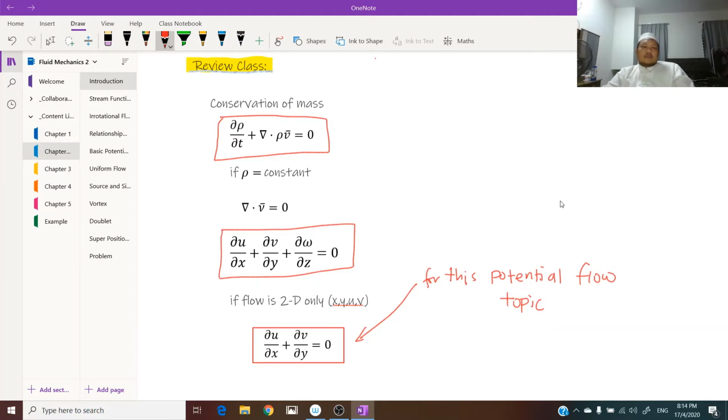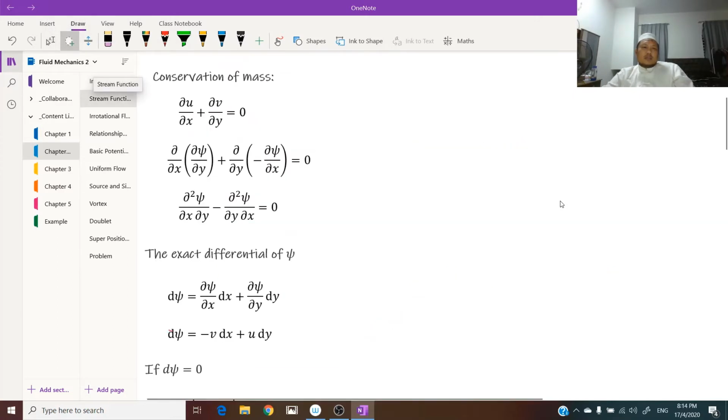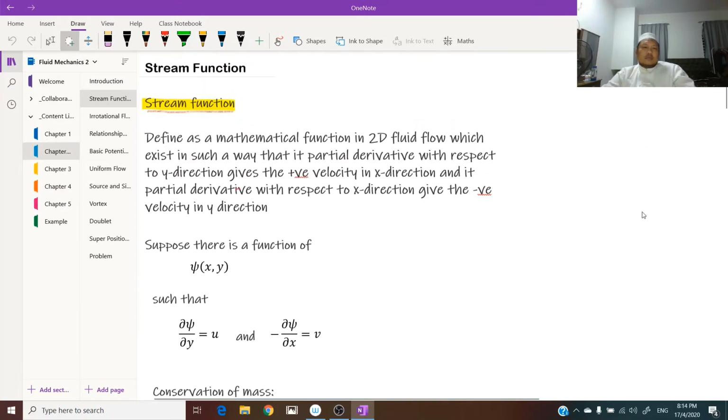All right, without further ado, maybe we can start with the first subchapter, which we call the stream function. What is a stream function?